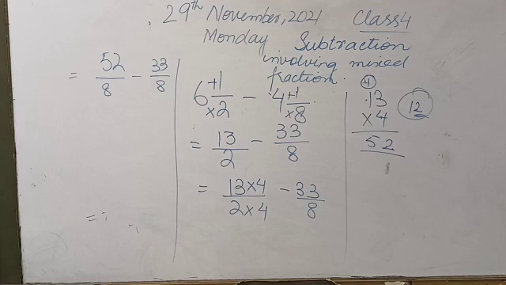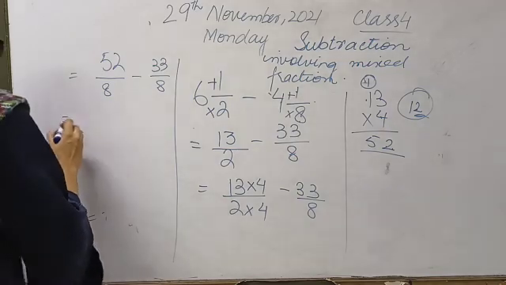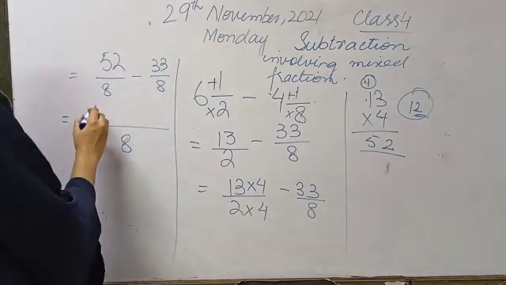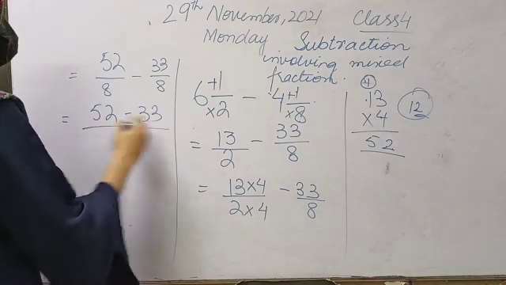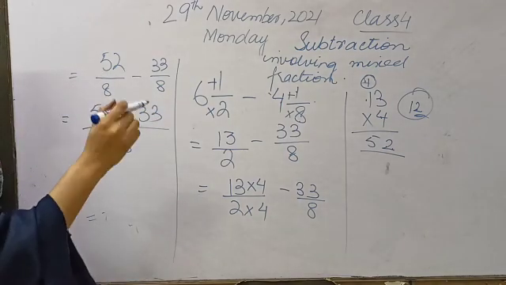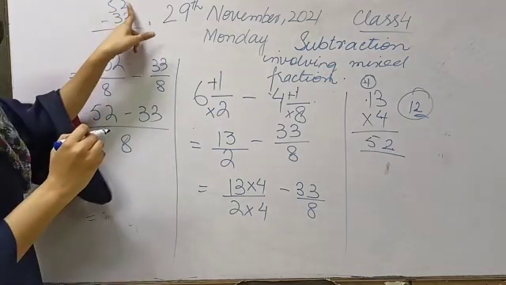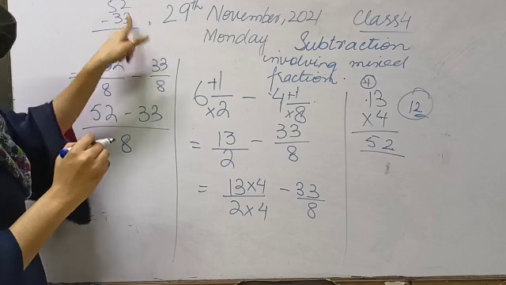Now class, as you look, we have two fractions in the end having the same denominators. अब उनके denominator जो है वो दोनों 8 बन गए. So in the next step we will simply write it only one time and subtract the numerators which are 52 minus 33. So after subtraction 52 minus 33, should I subtract 3 from 2?